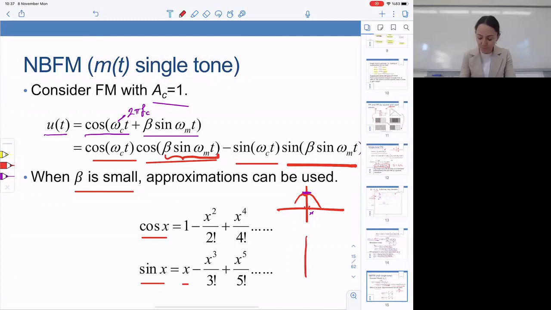Similarly, sine goes like this, and around very small values it's like the identity function. So that's the approximation we're using. It makes this trivial, because this is going to reduce to beta sine w_m t, and this whole thing is going to reduce to 1.